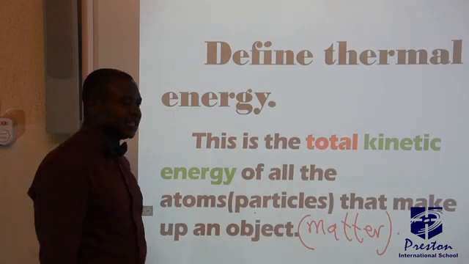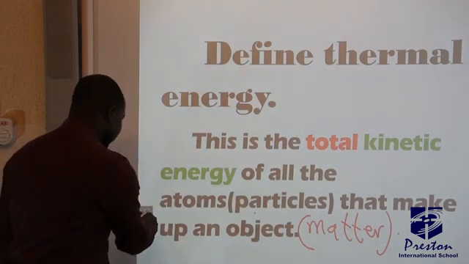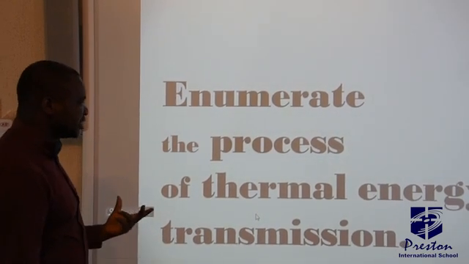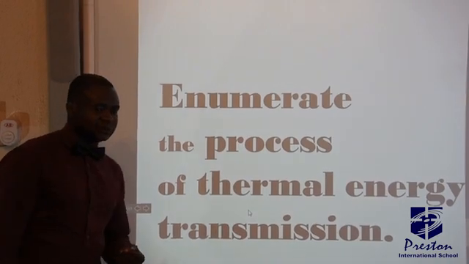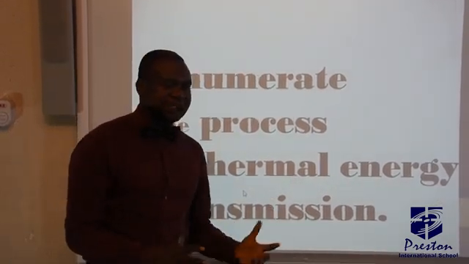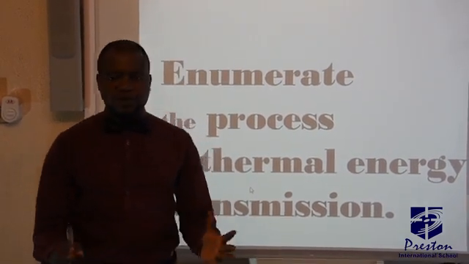So in the course of this class, we should be able to define thermal energy correctly. And secondly, we want to enumerate the process of thermal energy transmission. That is what is involved in transmission of thermal energy from one point to another, the movement of particles that we have in a body from one form to another.